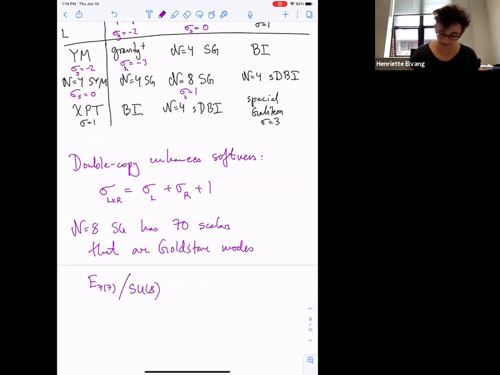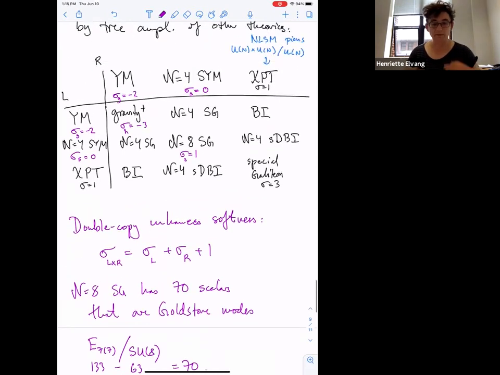And this has 133 generators minus 63 generators that give exactly the 70 broken generators that account for the 70 scalars. And you can see that the double copy with an enhanced softness guarantees that these scalars have the vanishing soft theorems that should occur from this symmetric coset space.